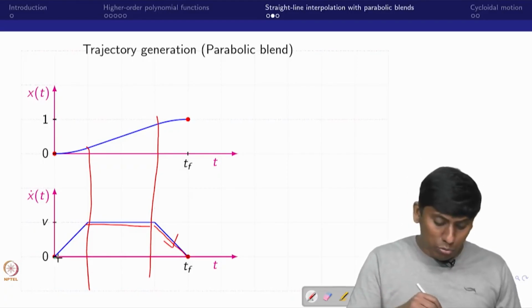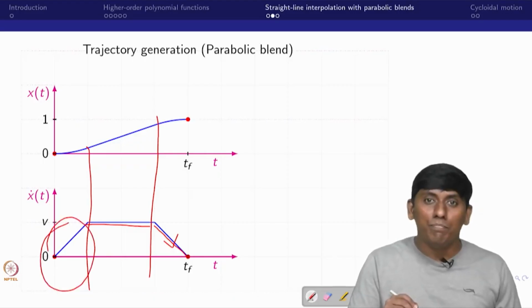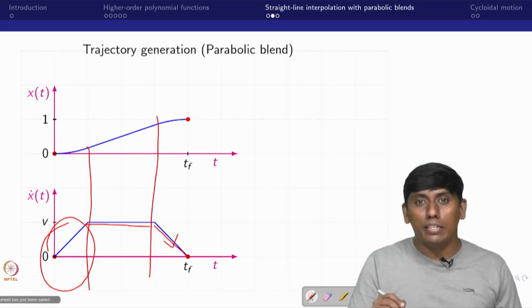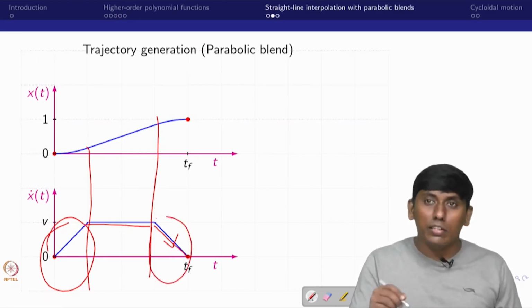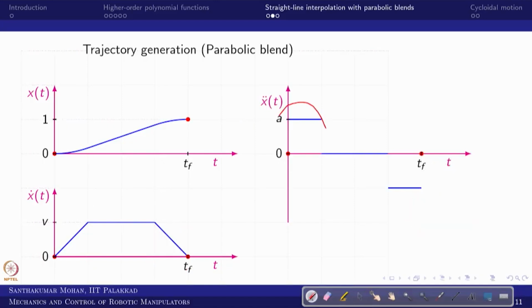So in that sense, you will see the acceleration going up and down, and then you can see here also up and down. The acceleration reaches a certain point here, then you can see zero acceleration during this phase, then again a finite deceleration.